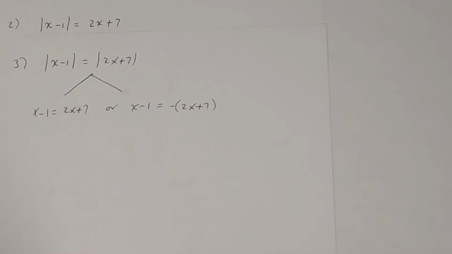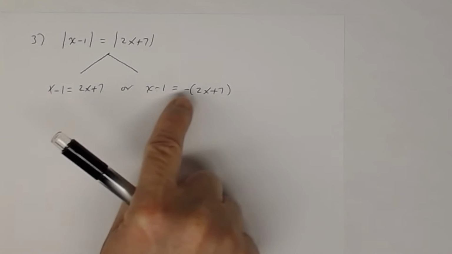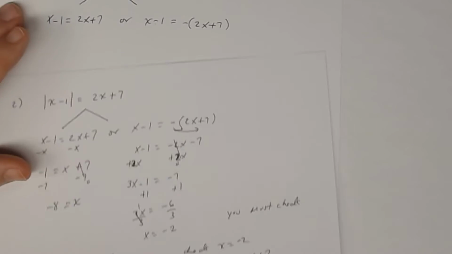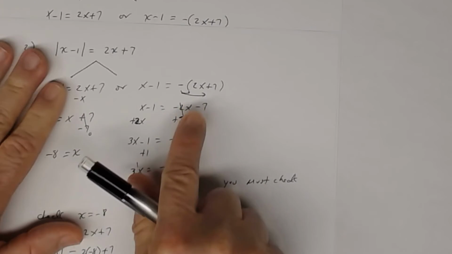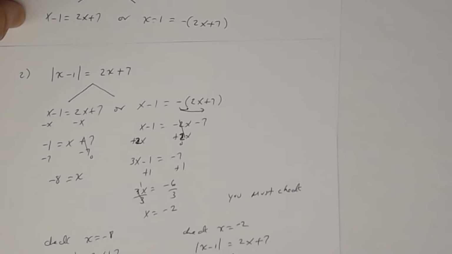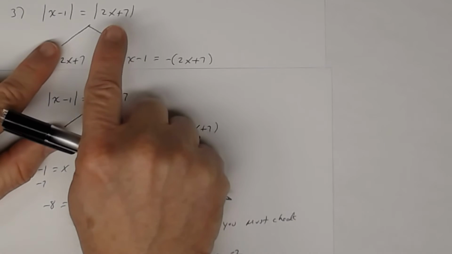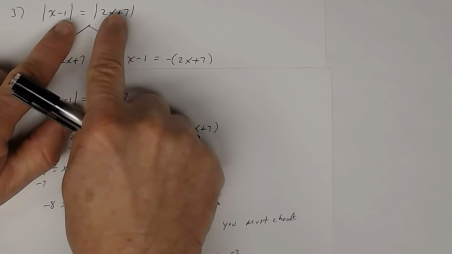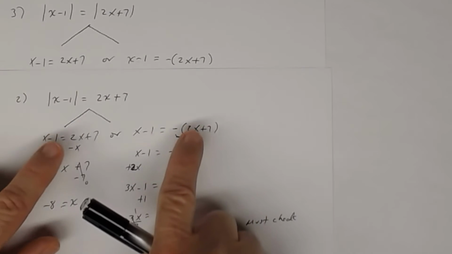And then you may say, well, isn't this right here the same as what we did here? And the answer is yes. You see that? So when solving an absolute value equation that has the absolute value bars on both sides or on one side, the process is the same.